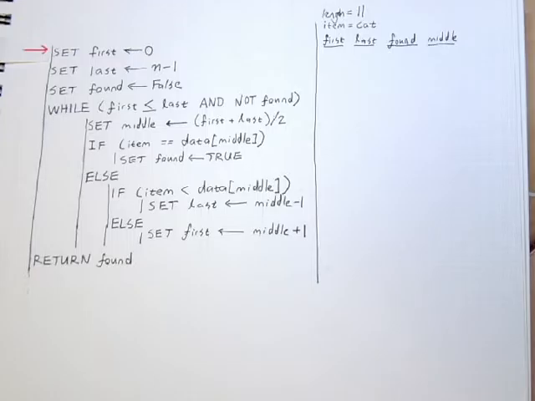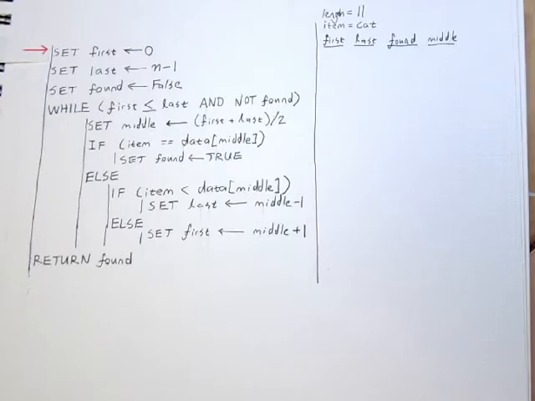If somehow first is greater than last, then we would have ruled out everything prior to first and also everything greater than last, which would mean we ruled out the entire list. So if first is greater than last, the list is empty and whatever we are searching for can't possibly be in it because we ruled everything out.